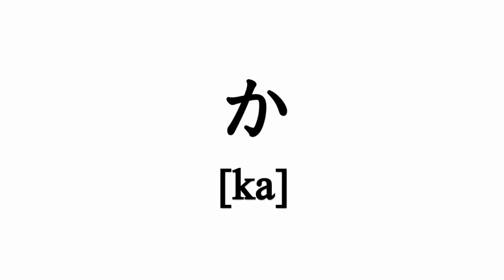So one consonant sound plus one vowel sound forms one Japanese sound, which corresponds to one hiragana or katakana character. For example, ka is made up of the K consonant sound followed by the a vowel sound. Ka. Pretty straightforward, right? But there are several sounds you might want to pay special attention to.